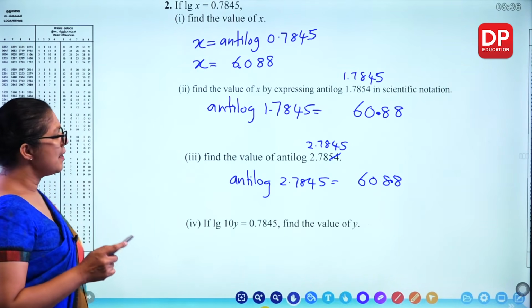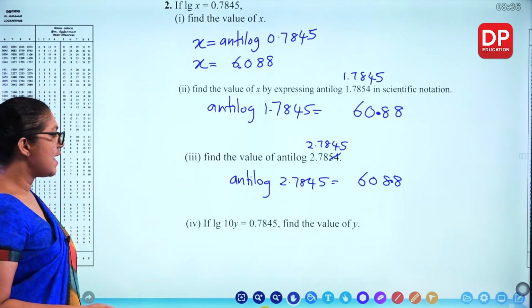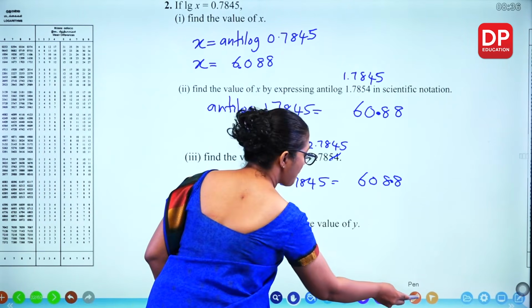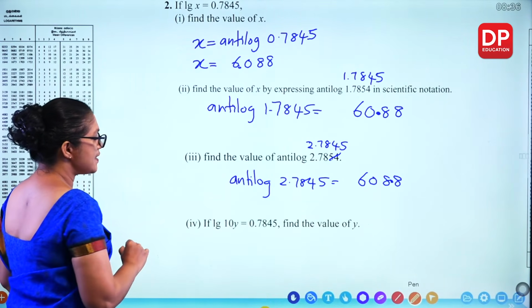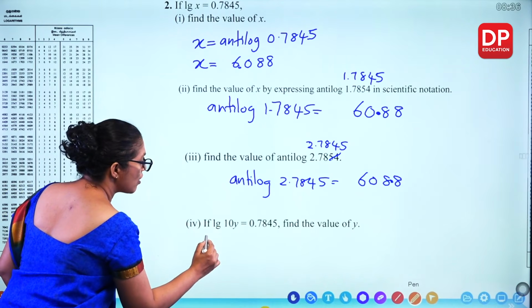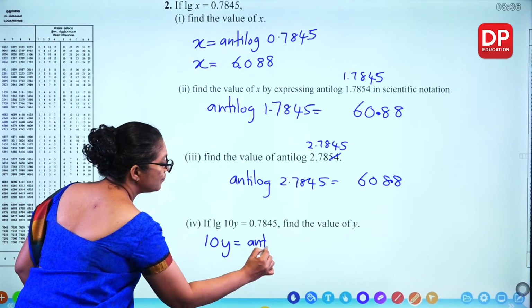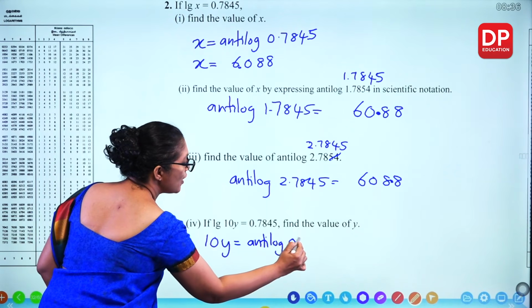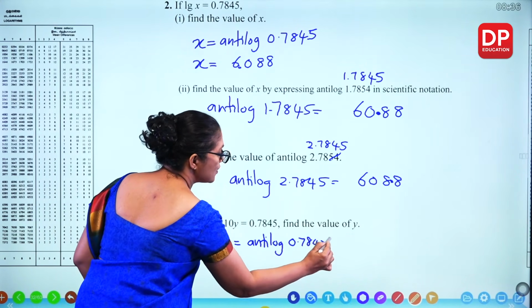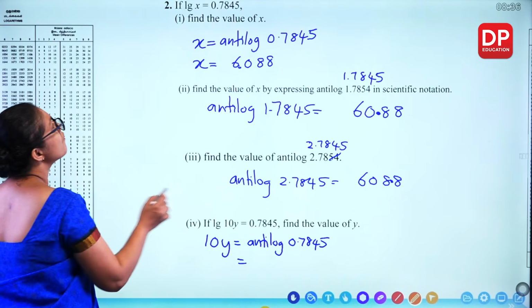7845. So same mantissa value, you get the antilog, same thing. So log of this is this. So antilog 10y is equal to antilog of 0.7845. So what's the value? Antilog of this?